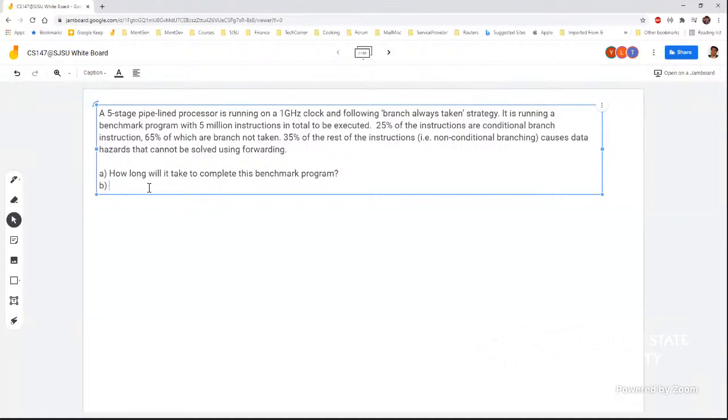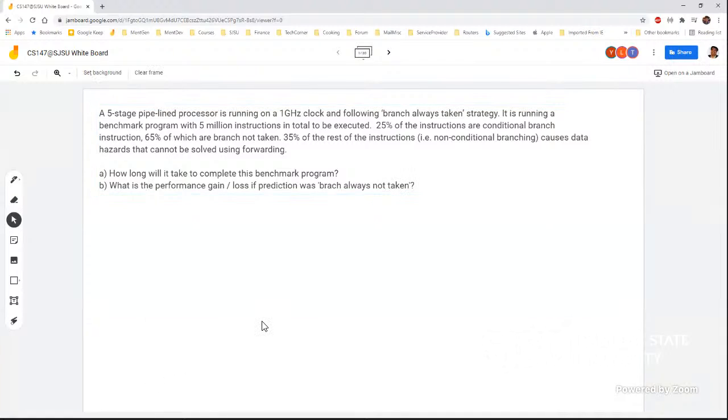And what is the performance gain or loss if the prediction was branch always not taken?